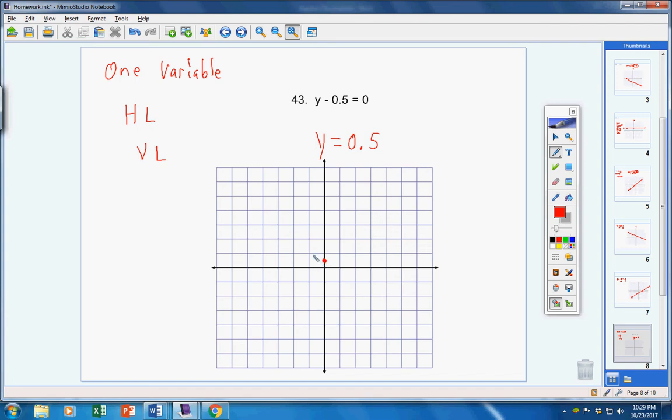And then remember, when it's an x-only equation, it'll be a vertical line, and when it's a y-only equation, it will be a horizontal line. So my horizontal line is right here, right through that point, and I'm finished.